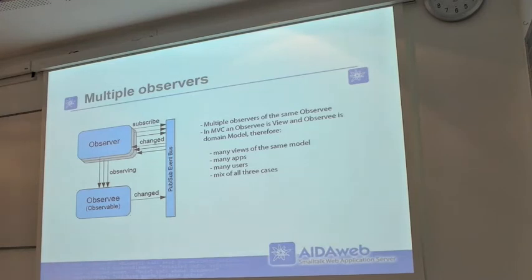What happens when you have multiple observers of the same observee, the same domain object? This publish subscribe bus starts to be interesting in this situation. So you can have many observers, which means many views of the same model. For instance, a person can have a detailed view and a history view, salary or something, whatever.